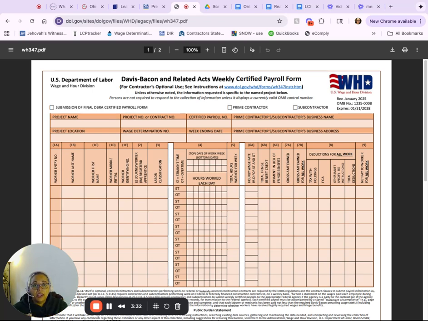How much did they get paid per hour? Because that person is going to look at the wage determination and say, how much should they be paid per hour? It's going to list how many hours they worked just in covered work, just in prevailing wage work. It will typically list what they worked total for the week, whether that was at the office or loading up a truck. It does not have to be covered work.